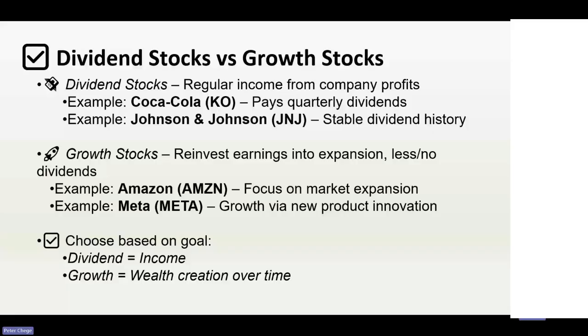So when you're choosing a stock to buy, choose based on your goal. What do you want? Do you want dividend? That is income. So your goal is to get income. Are you looking for growth? Then you look for wealth creation over time. So your goal is to create wealth.